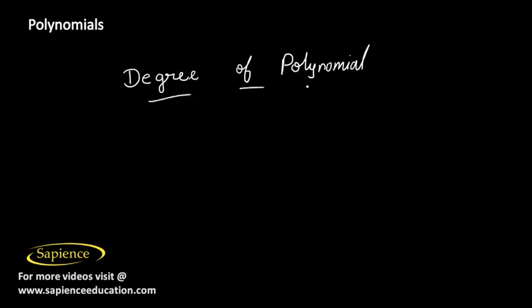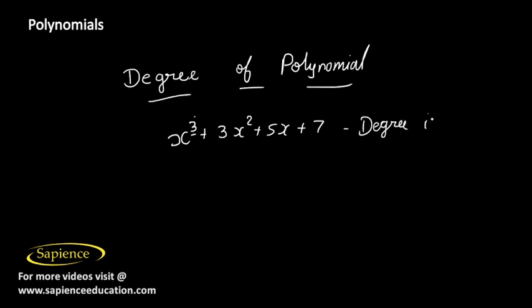A degree of a polynomial is the highest power of the variable. So for example, x cube plus 3x square plus 5x plus 7. We have this polynomial and the degree of this polynomial is the highest power or the highest exponent of the variable. So in this case it will be 3. So degree is 3 for this polynomial.